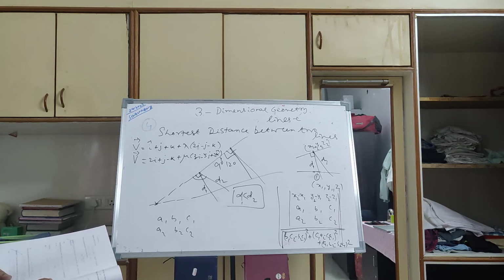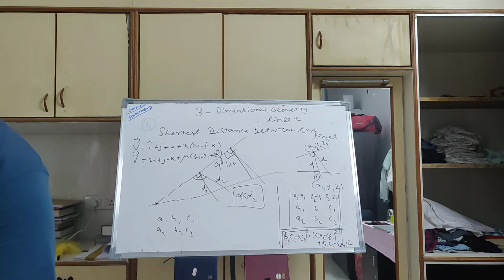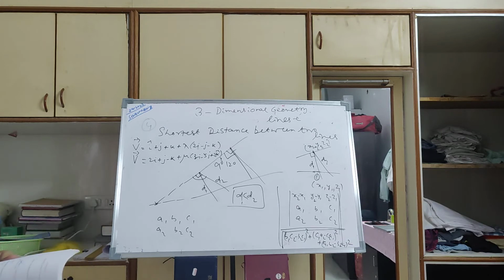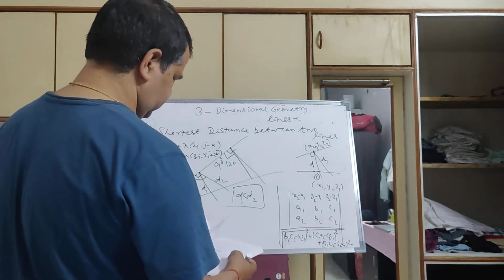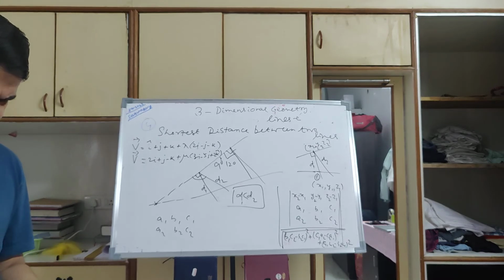Here, this is x2 minus x1, the 2 points for the shortest distance between two lines, x2 minus x1, 2 points.